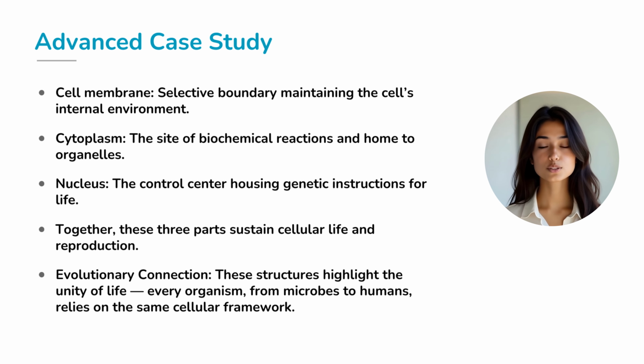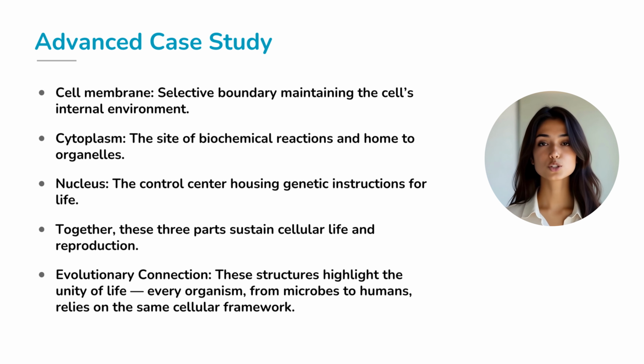The diagram on this slide beautifully summarizes how the three essential parts work together. The cell membrane acts as a gatekeeper, regulating entry and exit of materials. The cytoplasm is the workshop, hosting countless biochemical reactions and housing specialized organelles. The nucleus serves as the command center, storing genetic instructions and directing cell functions.